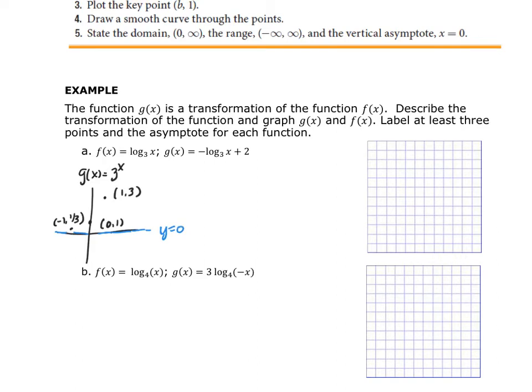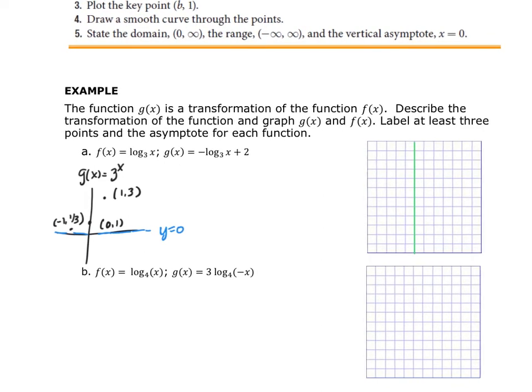With my logarithmic, let's go ahead and put our axes in here. Give me a minute. Okay, so here's our axes.